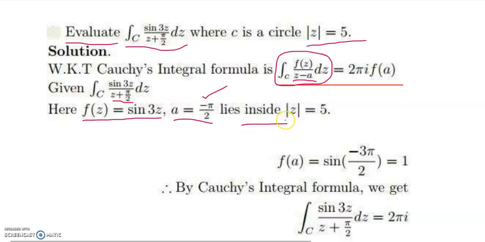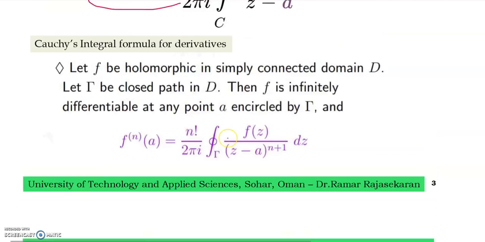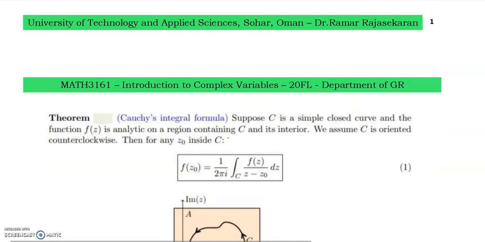See, before we apply the Cauchy's integral formula, first we have to check that the point lies inside. If the point lies inside, then only we can proceed. We can apply the Cauchy's integral formula. Why? Here you see the rule.